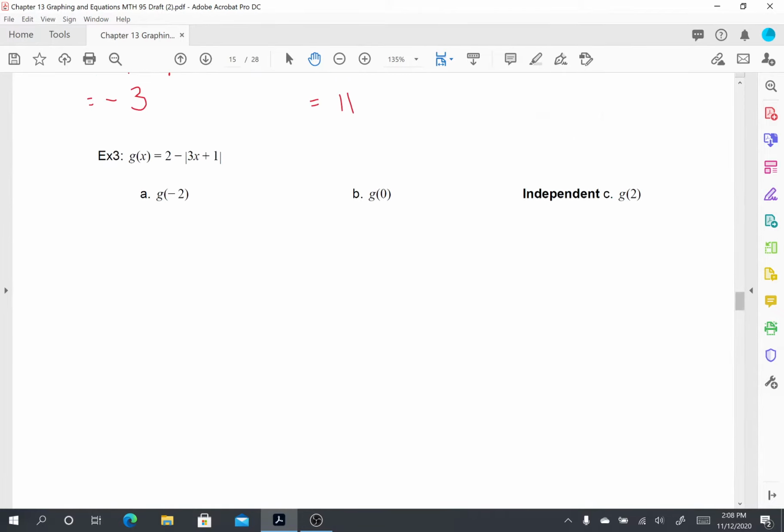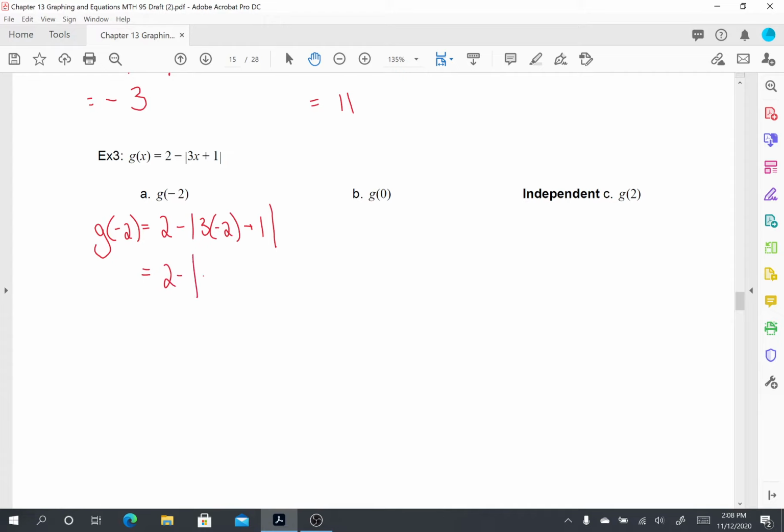Example 3. We're going to allow g of x to equal 2 minus the absolute value of 3x plus 1. What would g of negative 2 be? G of negative 2, and we're going to put negative 2 in where we see an x. And we will continue to simplify.